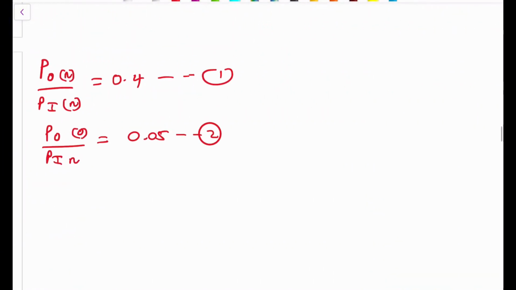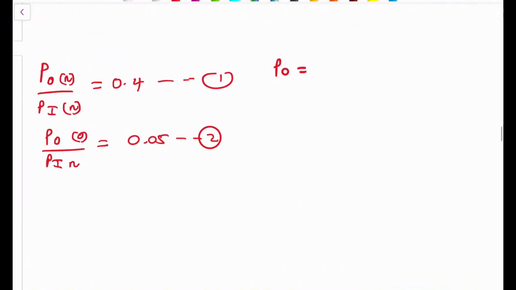Basically, power output is 0.4 multiplied by the power input of new. That's my equation 3. And then over here, my power output is 0.05 multiplied by the power input of old.